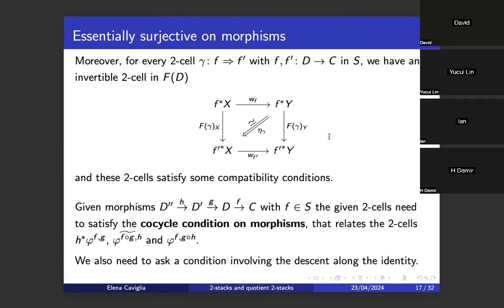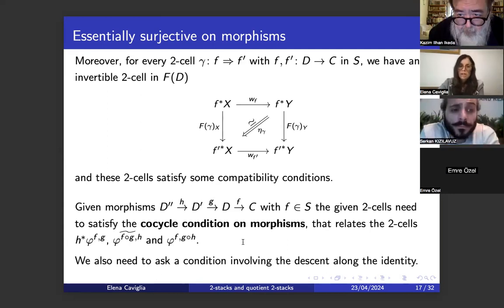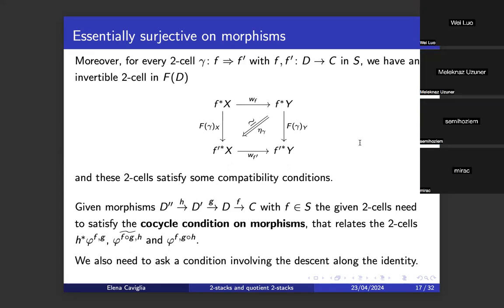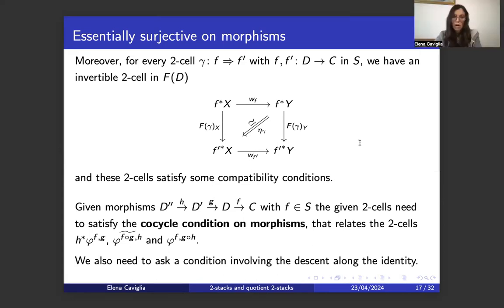And also these two cells are compatible. And we also have additional coherence conditions. And all these conditions are in some sense given by the structure two cells of the three modifications that we have on the right-hand side of the bioequivalence.